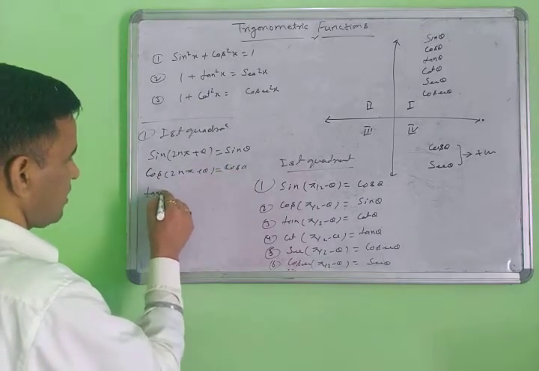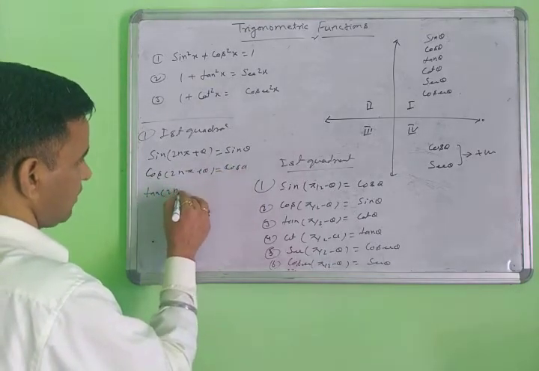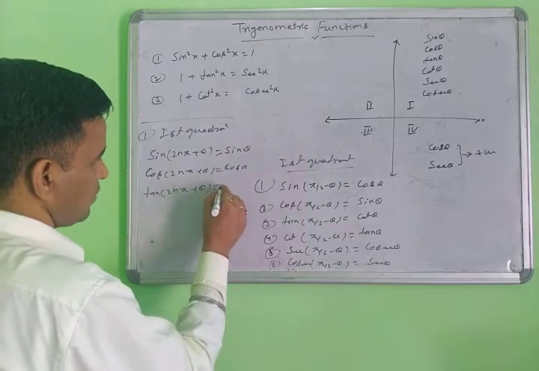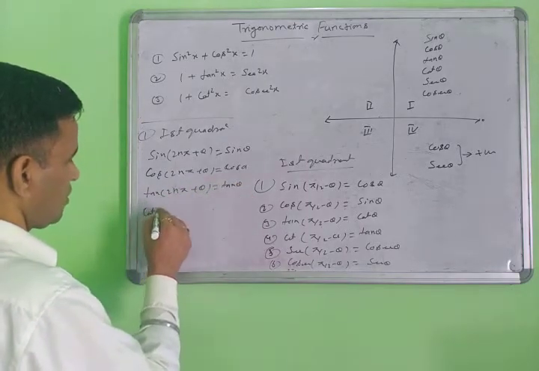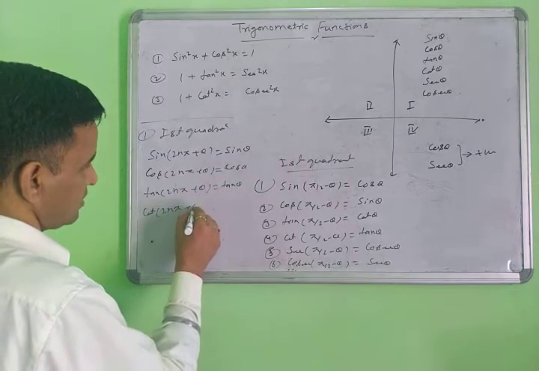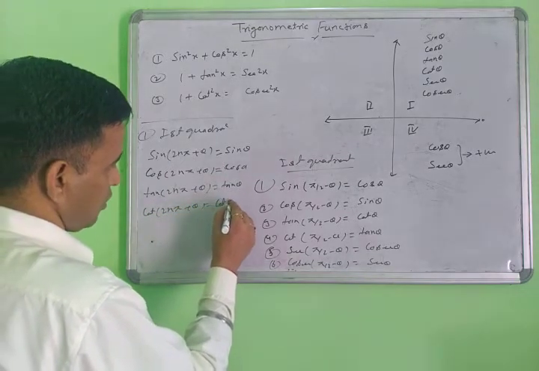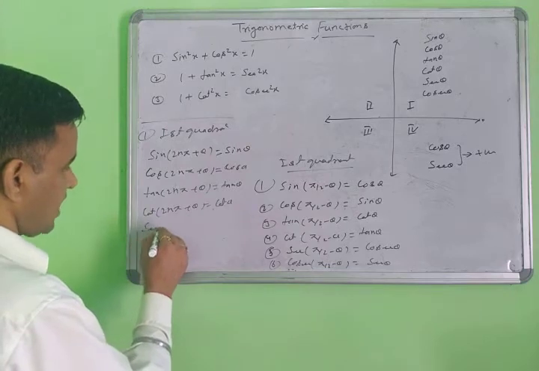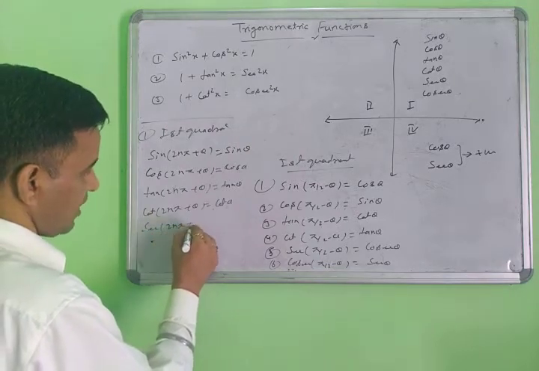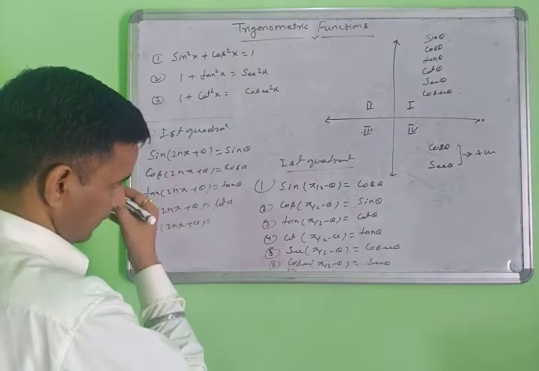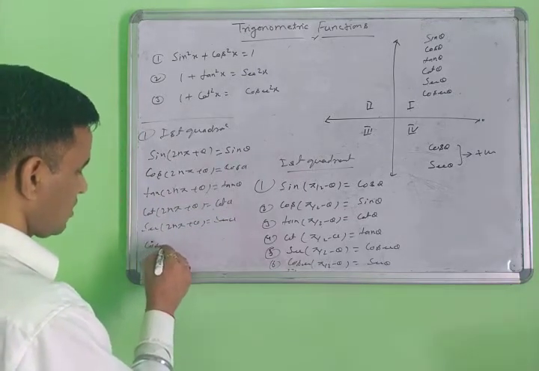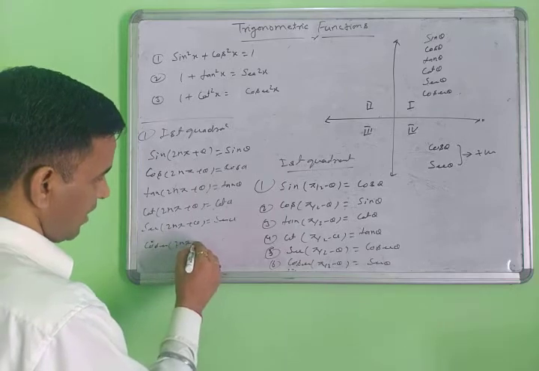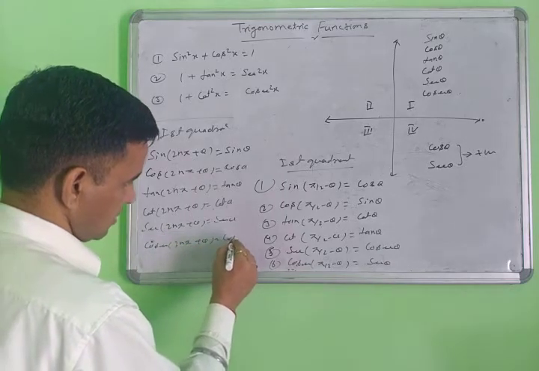Next, tan of 2n pi plus theta equal to tan theta, and cot of 2n pi plus theta equal to cot theta. And sec of 2n pi plus theta equal to sec theta, and cosec of 2n pi plus theta equal to cosec theta.